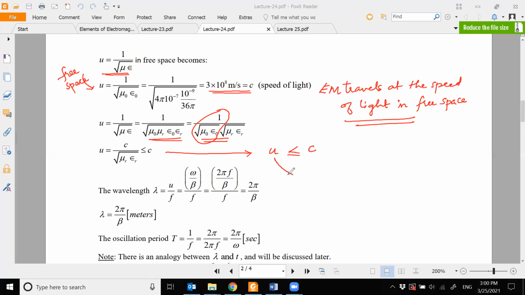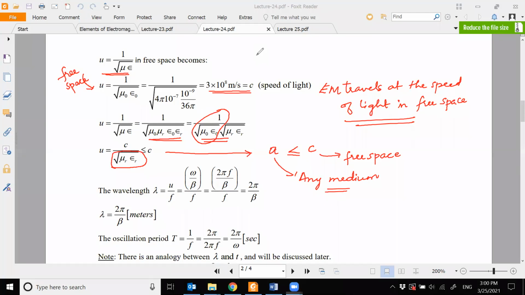This is in any medium, and this is in free space. So if your electromagnetic wave travels in any medium, its speed will be less than the speed of light. How much less will be defined by the characteristics of the medium.